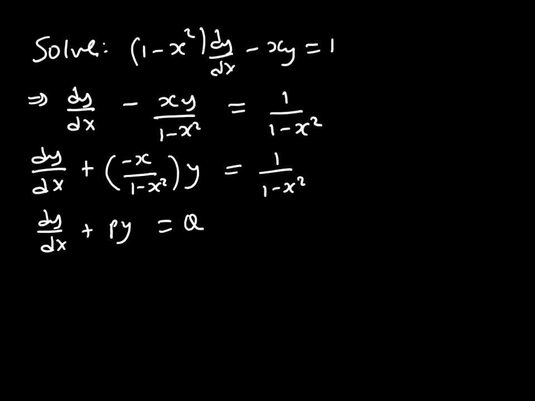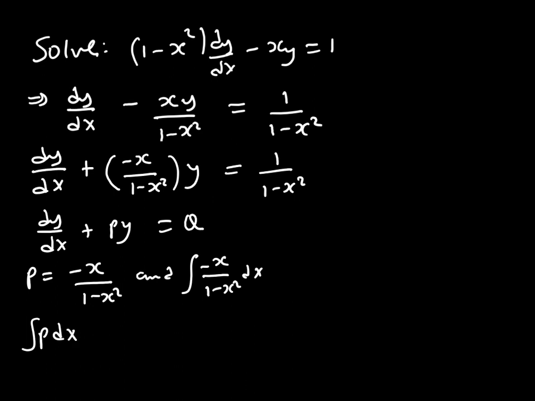It will mean that your p is negative x over 1 minus x squared, and the integral of p, the integral of minus x over 1 minus x squared dx, will give us... Now you have to be really very careful with integration.